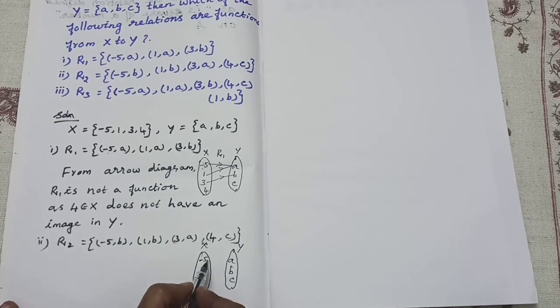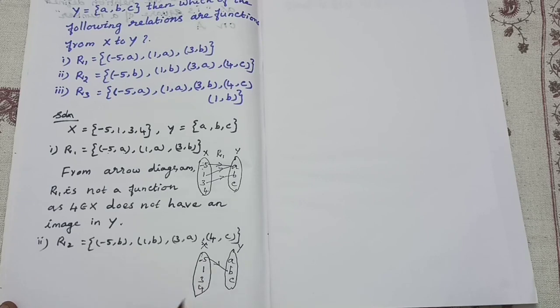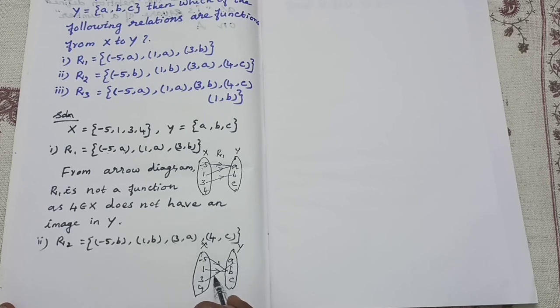Minus 5 image is B. Then 1 and B. Then 3 and A. Mapping 3 and A. 4 and C.